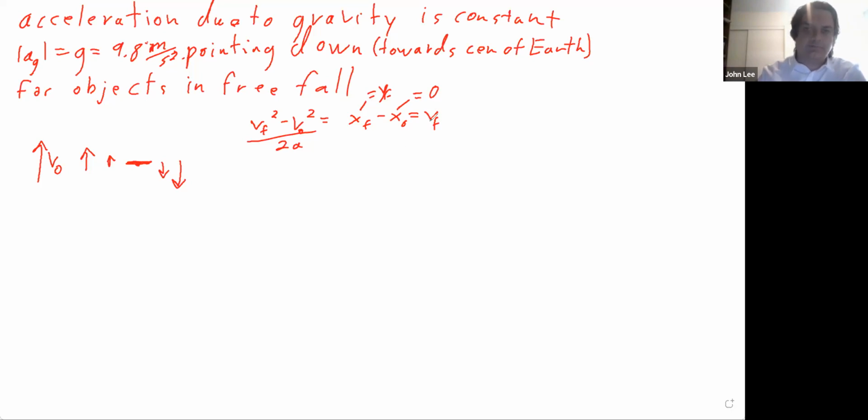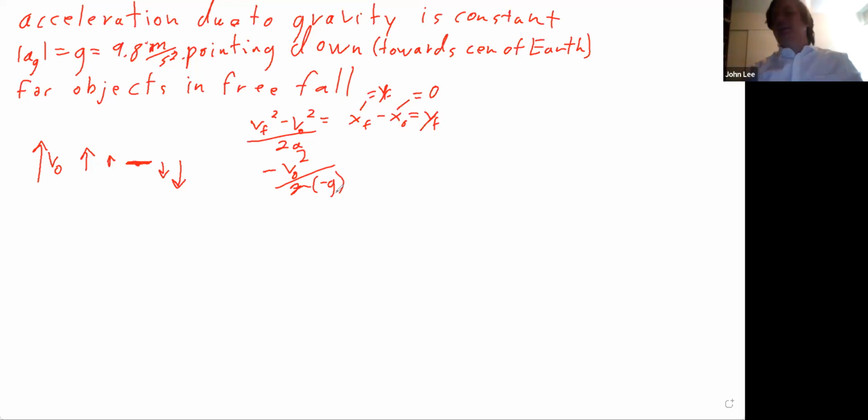Okay? So y final is what we're trying to solve for. And we know v final equals 0, so it's negative v naught squared over 2 times negative g, because acceleration is pointing in the opposite direction.